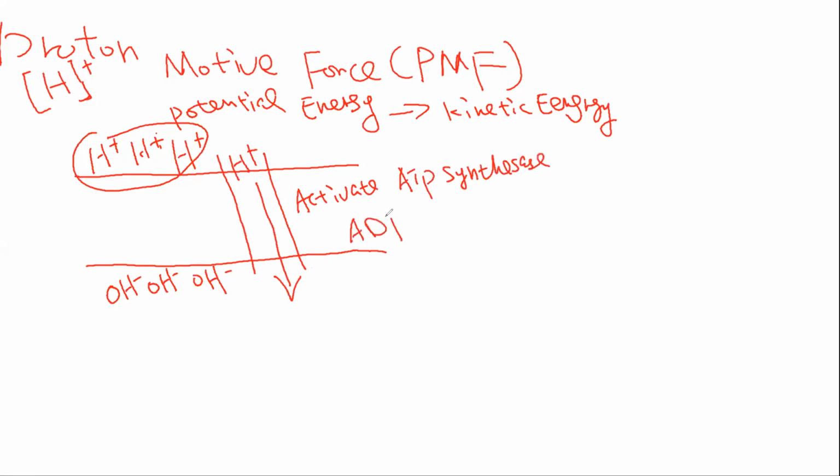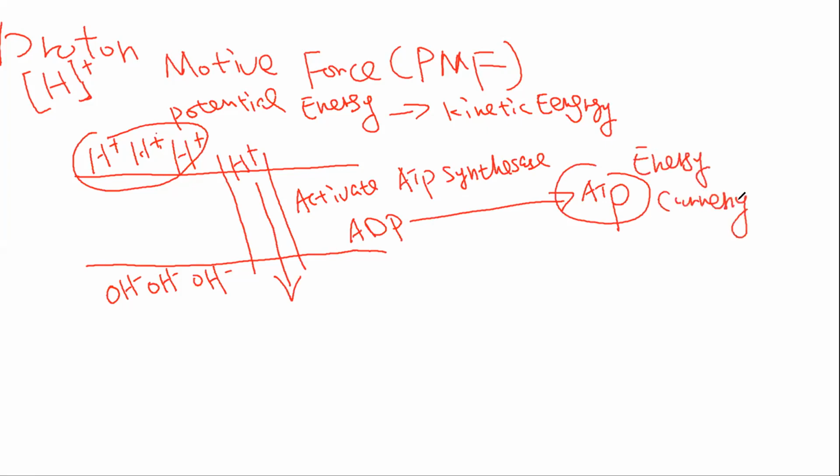So ADP becomes ATP. This is the real energy, which we call energy currency. That's what the bacteria can use. That's called the proton motive force. Okay, we'll talk about it in more detail later on.